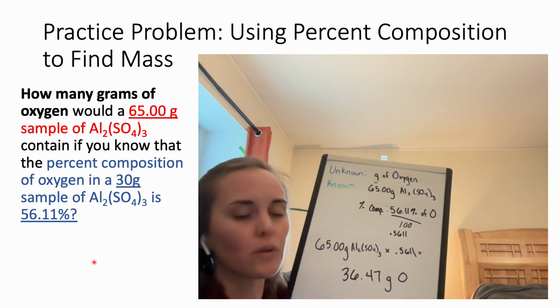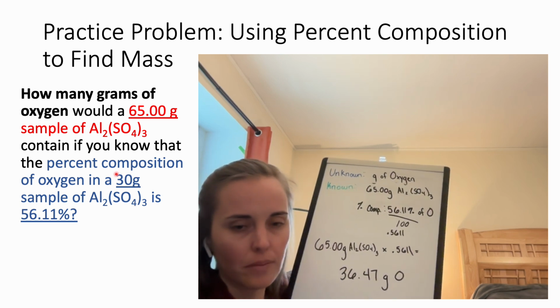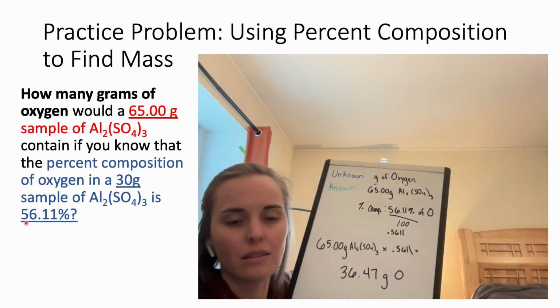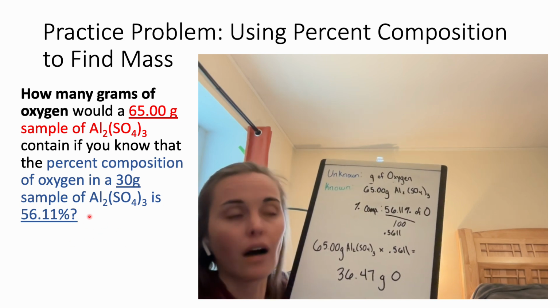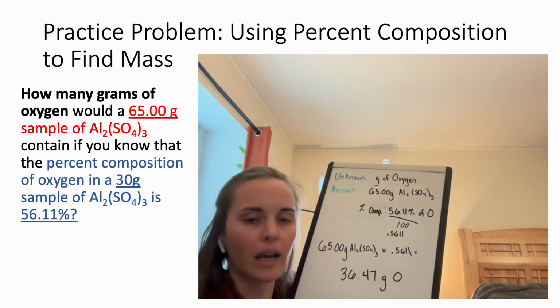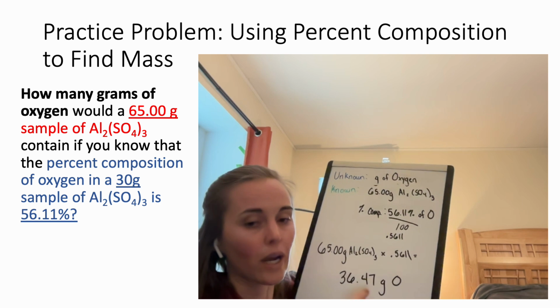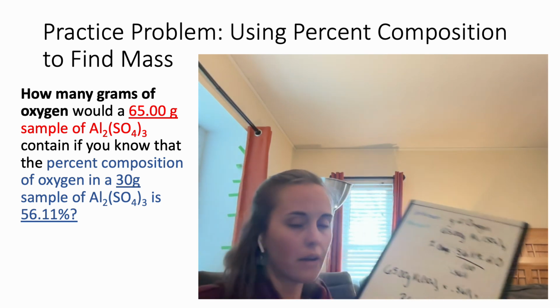So don't get confused by these extra numbers given. Just know, okay, I know that this percentage is never going to change because of the law of definite composition. And then I can use that to solve for this particular sample size, the amount of grams that are in it. Cool.